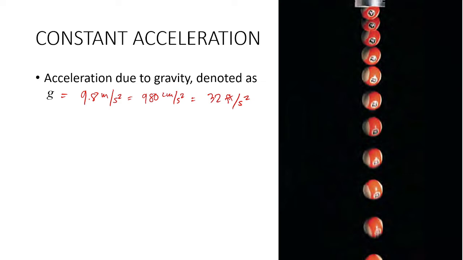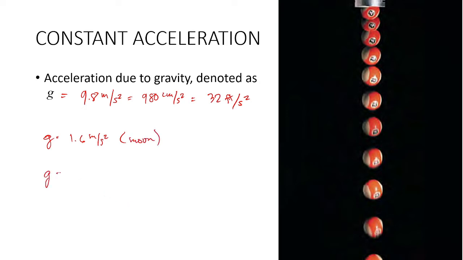And if we talk about other heavenly bodies, G is the acceleration due to gravity on Earth. But for other bodies, the acceleration due to gravity on the moon, near the moon's surface, would be 1.6 meters per second squared.